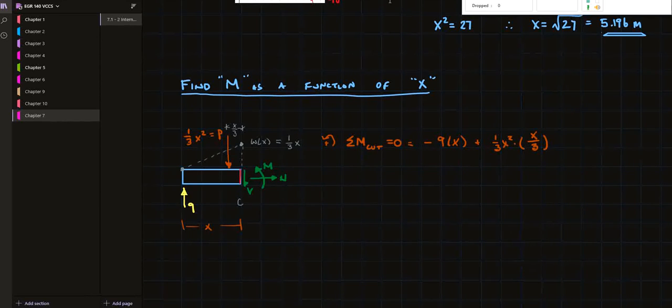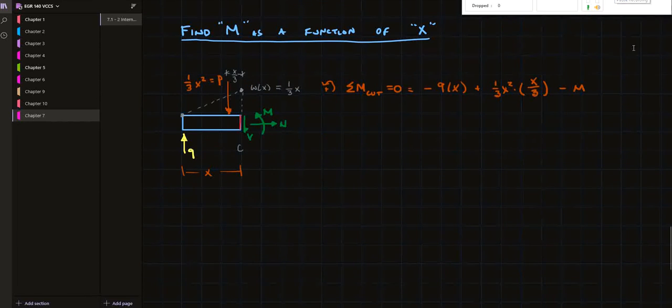And then finally we have minus M. We've got to include that because it is a free moment. So we can say that our moment equals, actually, as I'm looking at this, it should be positive because it's spinning in the positive direction.